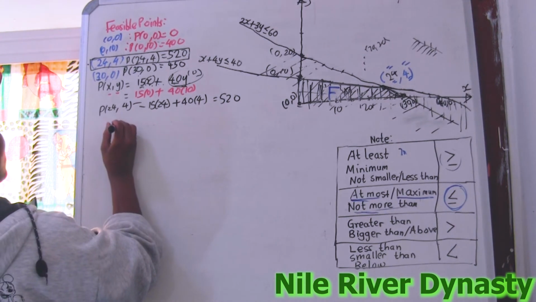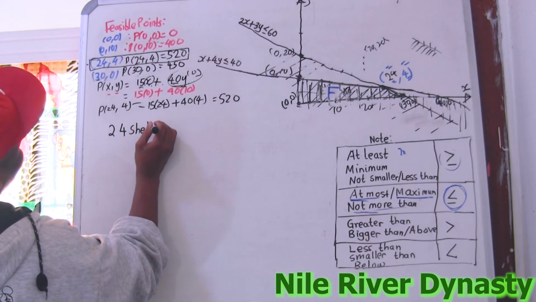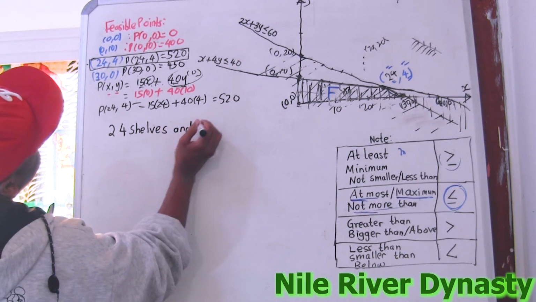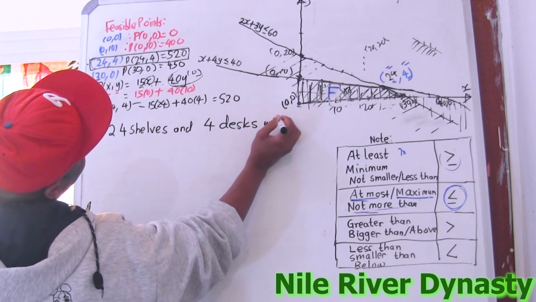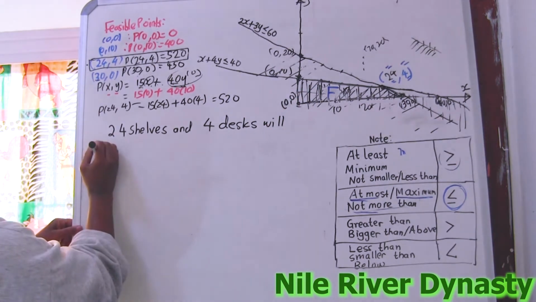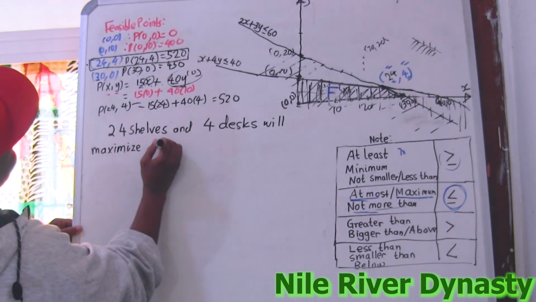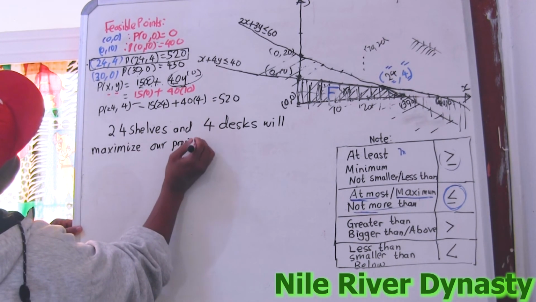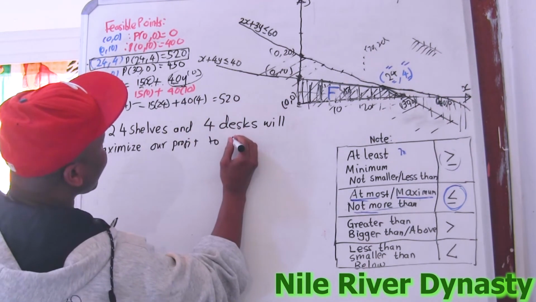So say 24 shelves and 4 desks shall maximize our profit to 520.